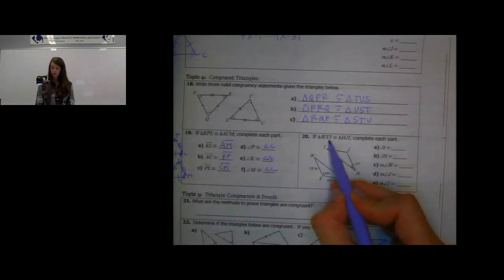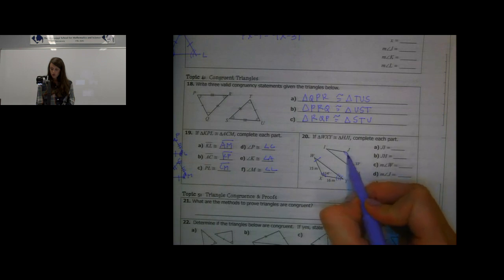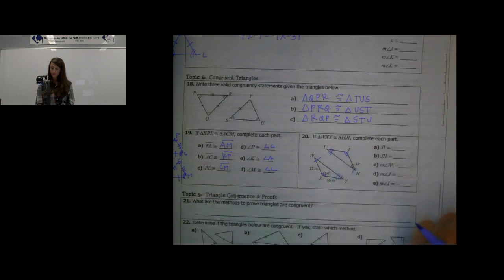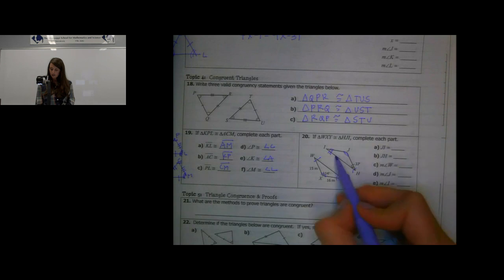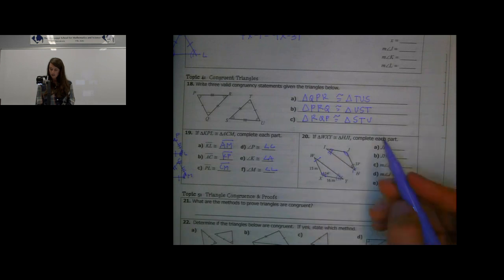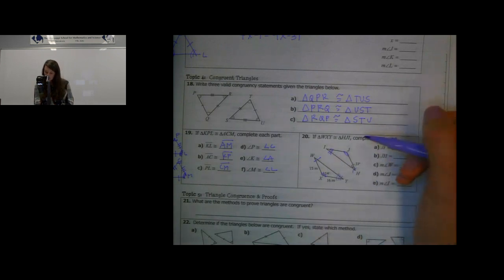All right, so if in this triangle WXY is congruent to H, J, and I, okay, so JI is going to be the side here.